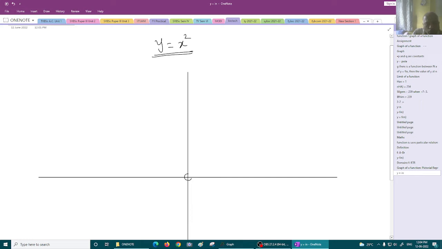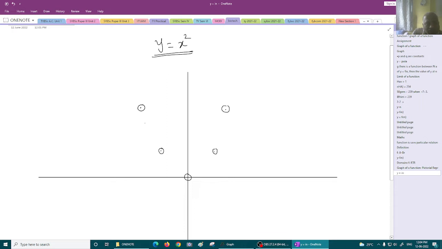So if I put x equal to 0, I get y equal to 0, so the point 0 comma 0 is over here. If I put x equal to 1, 1 square is 1, so you get the point 1 comma 1 over here. Similarly, if I put x equal to minus 1, minus 1 square is also 1, so minus 1 comma 1. Put x equal to 2, you get y equal to 4. Put x equal to minus 2, again you get y equal to 4.